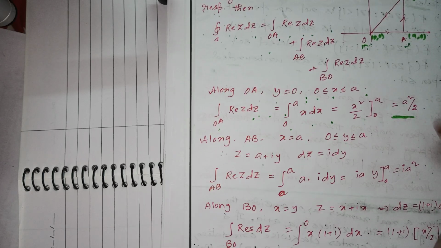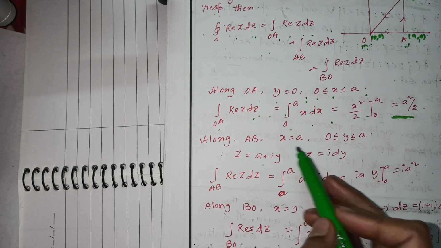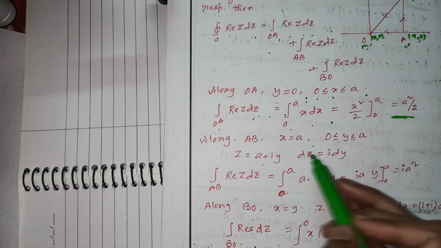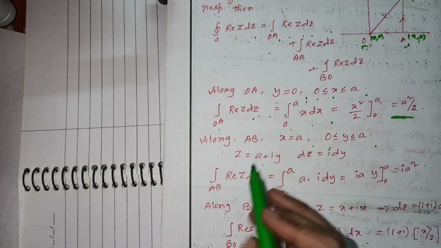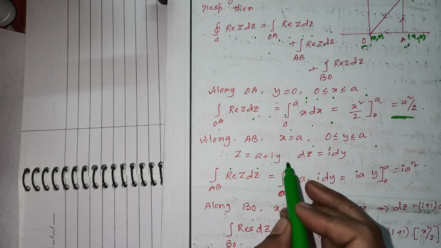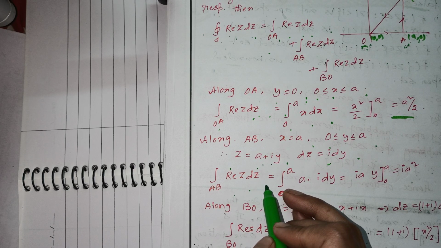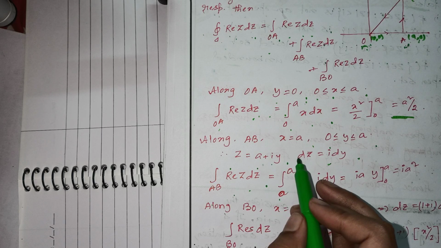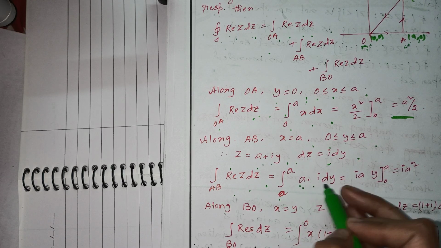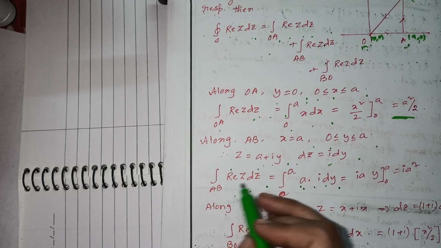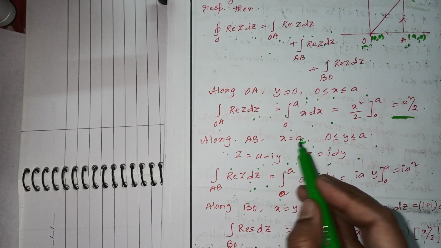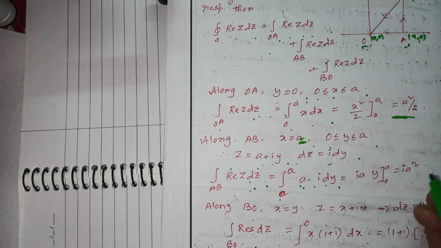Similarly, along AB, x equals a and y varies from 0 to a. So z equals a plus iy and dz equals i dy. So the real part of z is a, and dz means i dy. Okay.